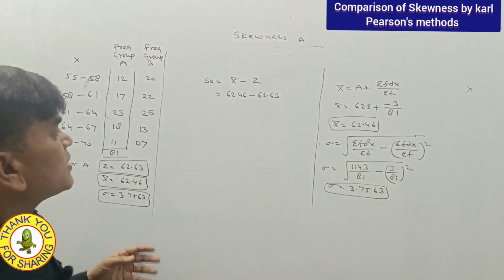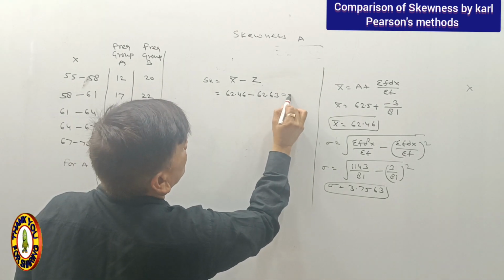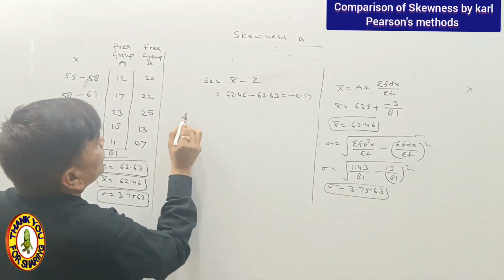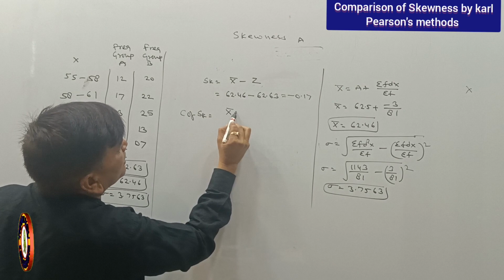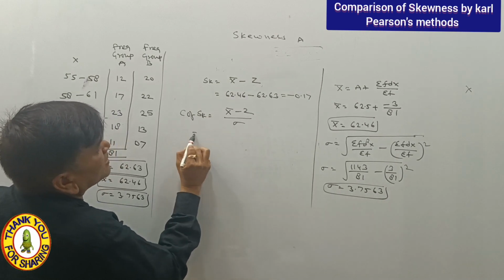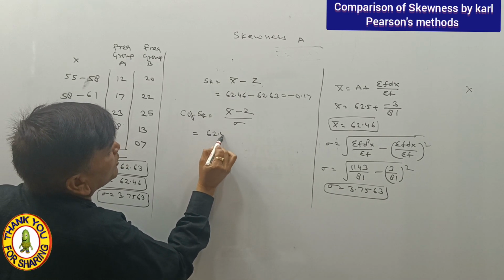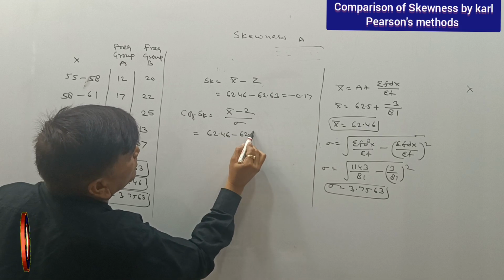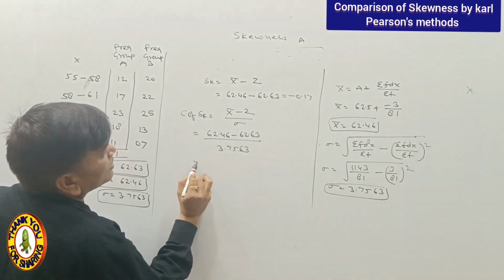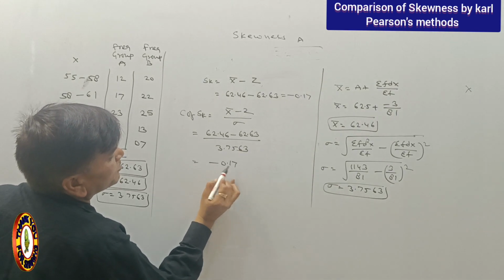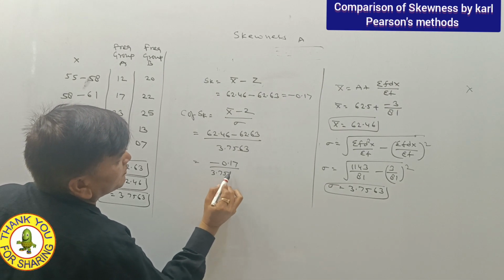So the value is minus 0.17. Coefficient of skewness is x bar minus z divided by standard deviation. So 62.46 minus 62.63 divided by 3.7563, or we can write minus 0.17 over 3.7563.